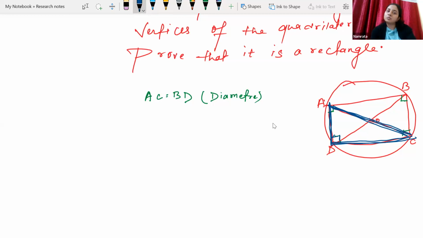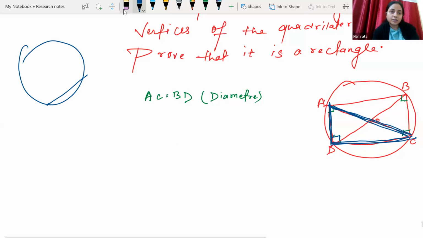Why? There is a theorem, and from where this theorem came, we know that whatever angle we are getting at the center, if there is a chord, or an arc like this, let me take an arc instead of chord. This arc will make an angle at the center, and that angle will always be double of this angle.